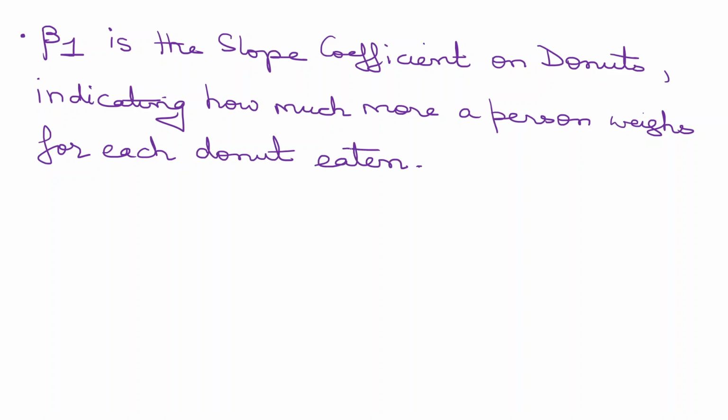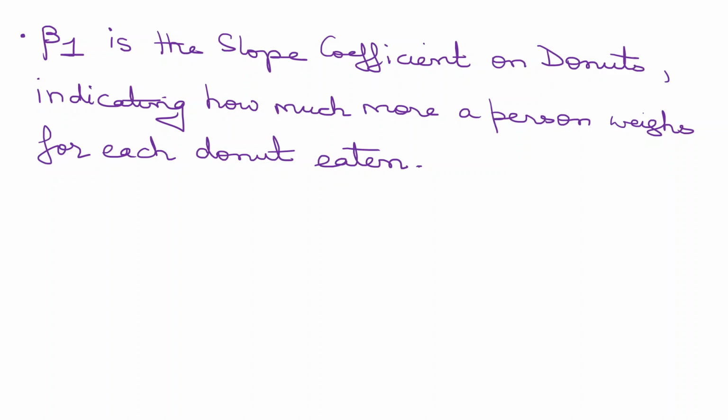So this coefficient beta 1 tells us that if the person's consumption of donuts increases by one more unit, then how much more the person's weight increases.